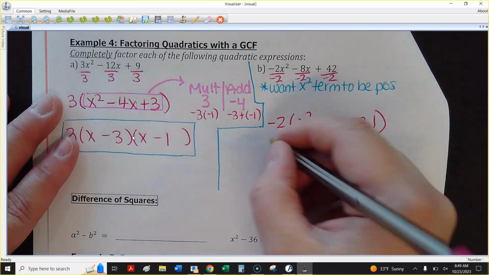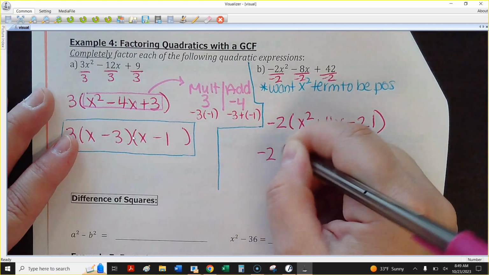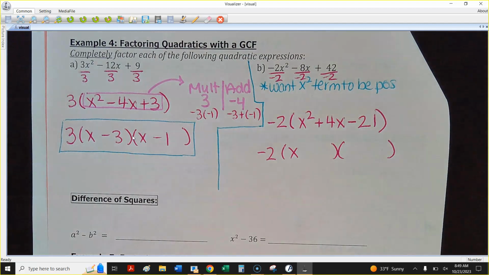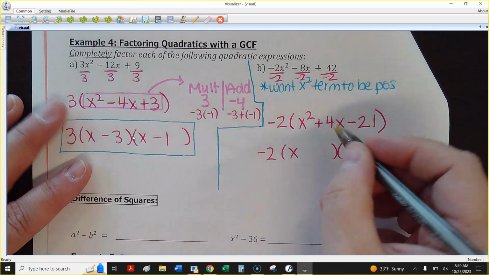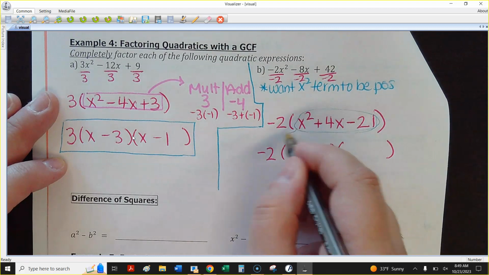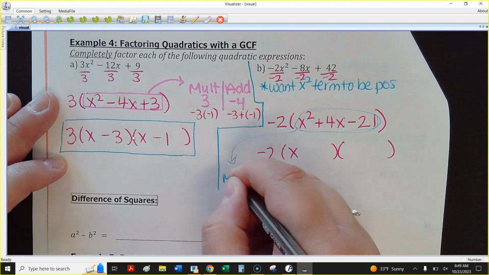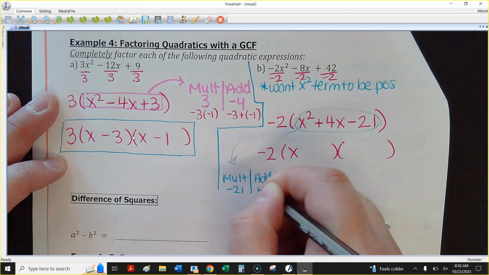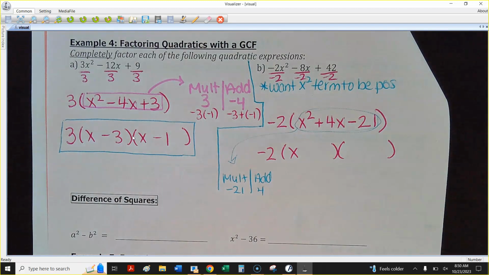All right, so I'm going to keep the negative 2 out in front, and I'm just going to set up two factors to help with this. Again, I'm just looking at what's in the parentheses after I took out a greatest common factor. So I've got to multiply to get negative 21 and add to get 4. Can you guys think of two numbers that, if you multiplied them together, give you negative 21, and the same two numbers, you'd add them and get 4?